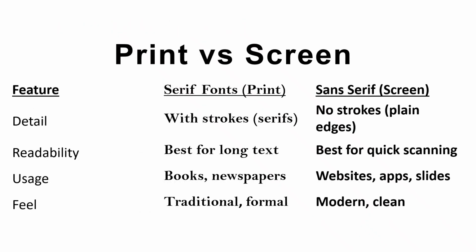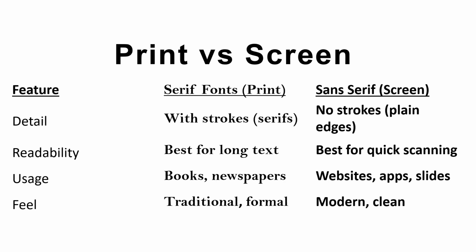So let us compare print media versus screen media. Feature, detail. Serif fonts we prefer in print media, with strokes, and sans serif we prefer in screen, digital media, no strokes. Readability: serif fonts in print media are best for long text, and sans serif on the screen, that is digital media, is best for quick reading.